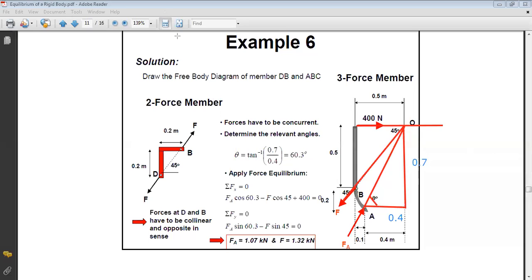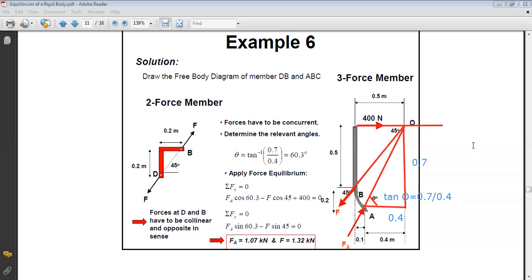Tangent of this angle theta is equal to 0.7 over 0.4. So what I did now, I reduced my system from 4 unknowns to only 2 unknowns, which are the magnitude of F at B and the magnitude of the force at A. And to find these two forces, all I have to do is write two equilibrium equations.